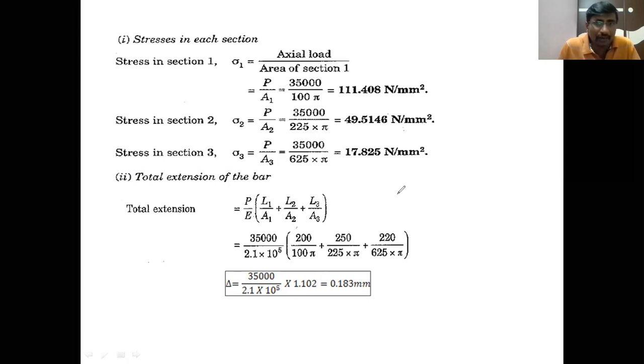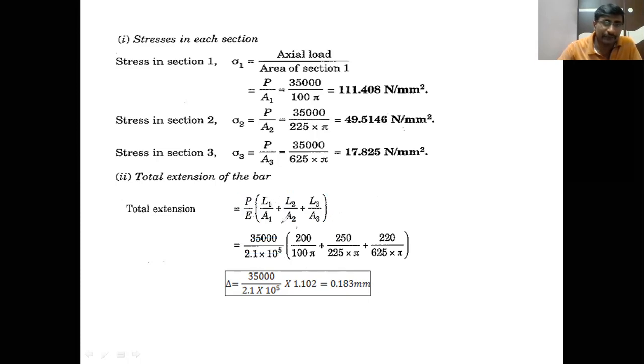P is constant for each section, and Young's modulus is also equal for each section. Therefore, in the total extension equation, P by E can be taken as common. The variables are L1 by A1 for the first material, L2 by A2 for the second, and L3 by A3 for the third. Clear?